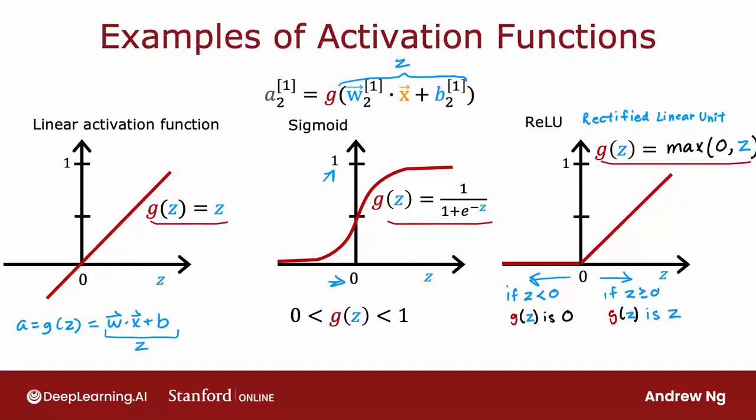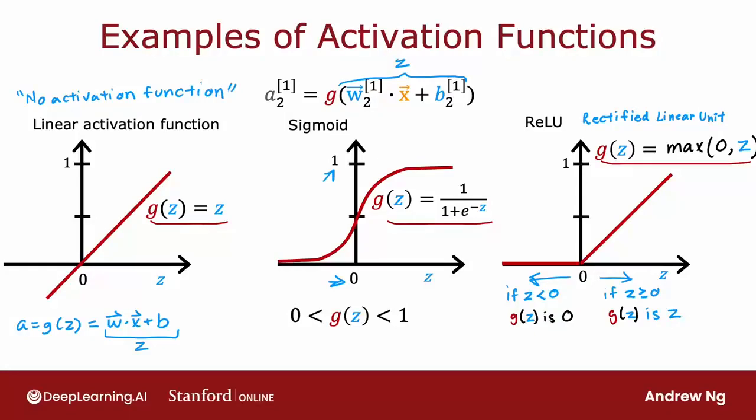Although in this class, I will refer to using the linear activation function rather than no activation function, if you hear someone else use that terminology, that's what they mean. It just refers to the linear activation function. And these three are probably by far the most commonly used activation functions in neural networks.